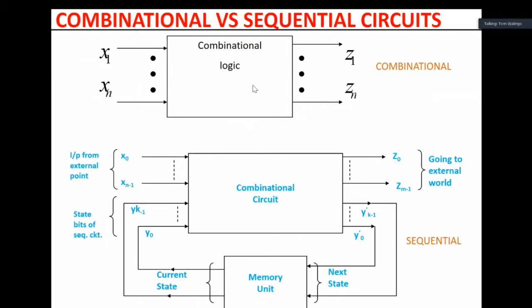This is a combinational circuit. Its outputs depend on the current values of the input. This one is a sequential circuit that has a combinational circuit. You've got n inputs here, you've got m outputs, and then you've got a feedback, which has a memory unit.